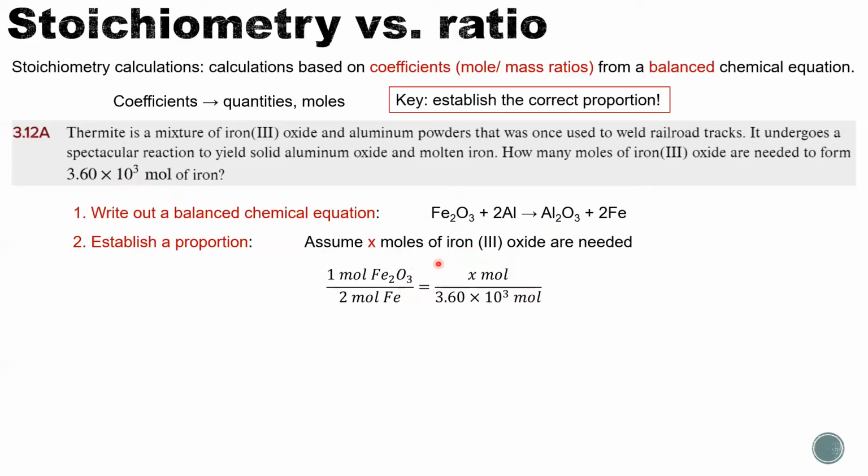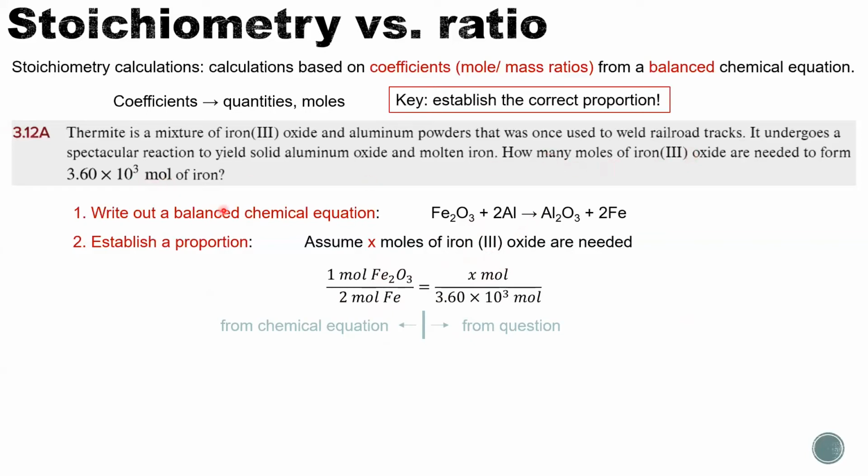Okay, you can see on the top we use Fe2O3, on the bottom we use iron, corresponding to its left values. From this proportion, on the left, it's information from the chemical equation. On the right, it's information from the question, including something we need to solve.